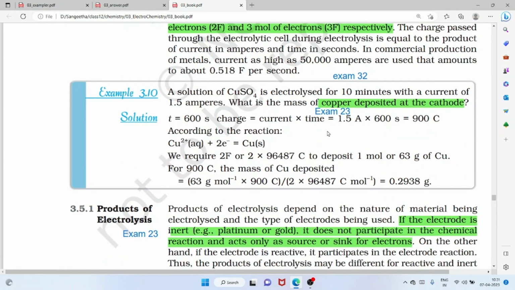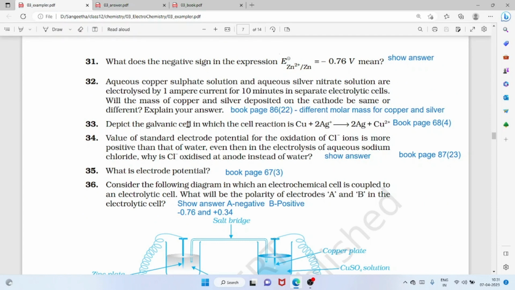See here, they are finding how much copper is deposited using the molar mass of copper. So that mass will be different for copper and silver.